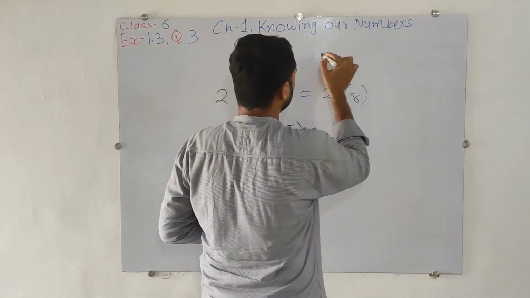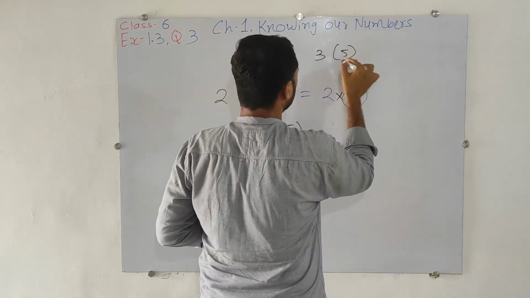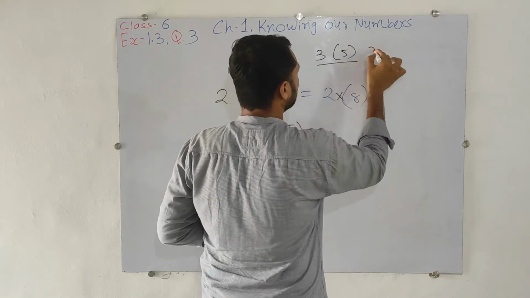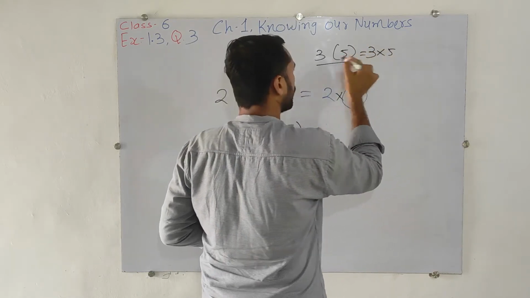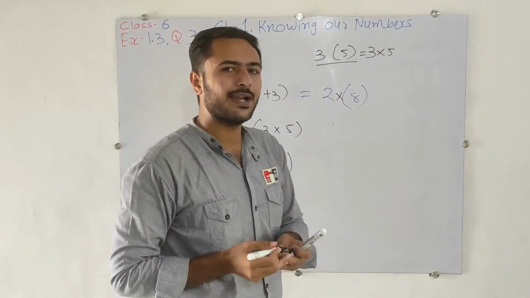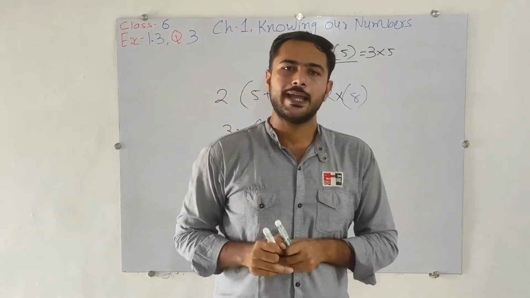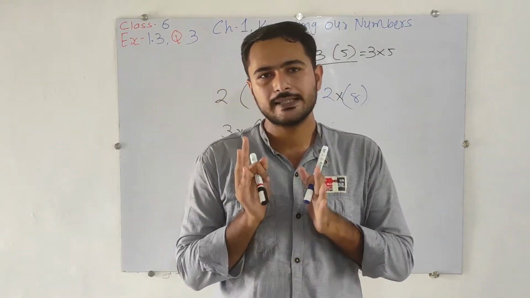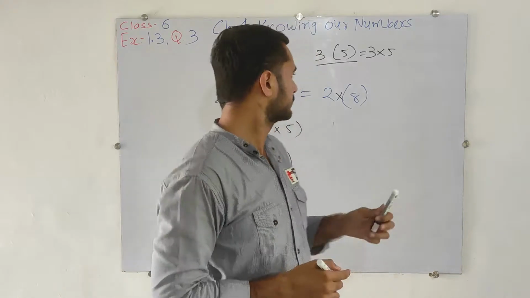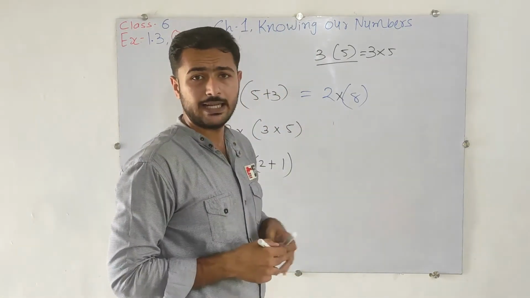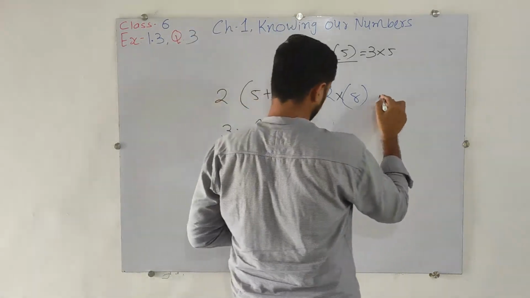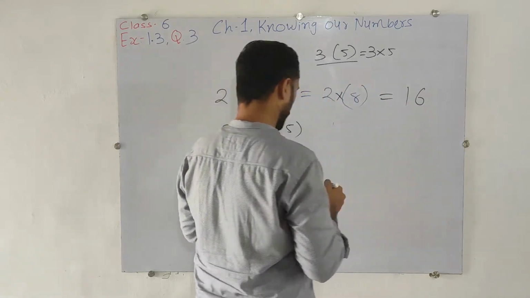If I just write 3 bracket 5, it means 3 multiplied by 5 only. These both are the same. So whenever you find a bracket and a number with no sign in between, it means there is a multiplication sign. Here 2 multiplied by 8, that is 2 eights are 16, which we know very well.